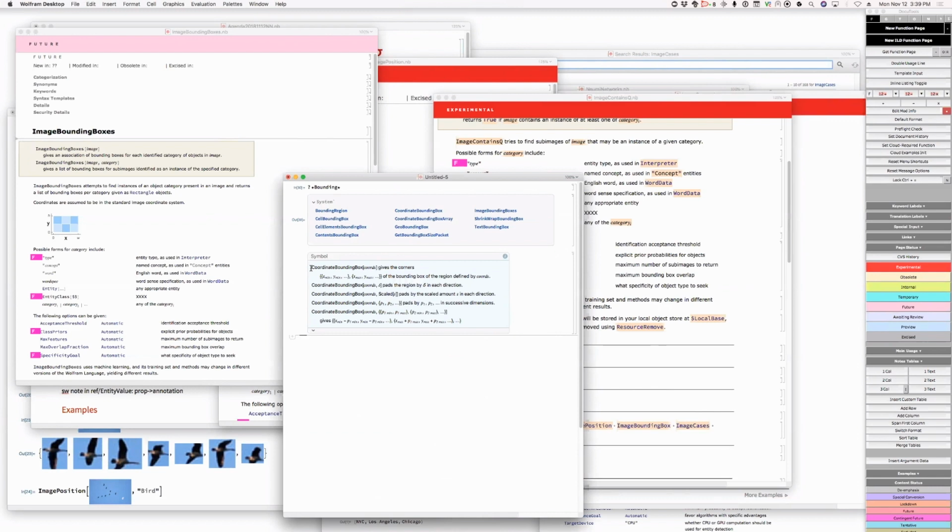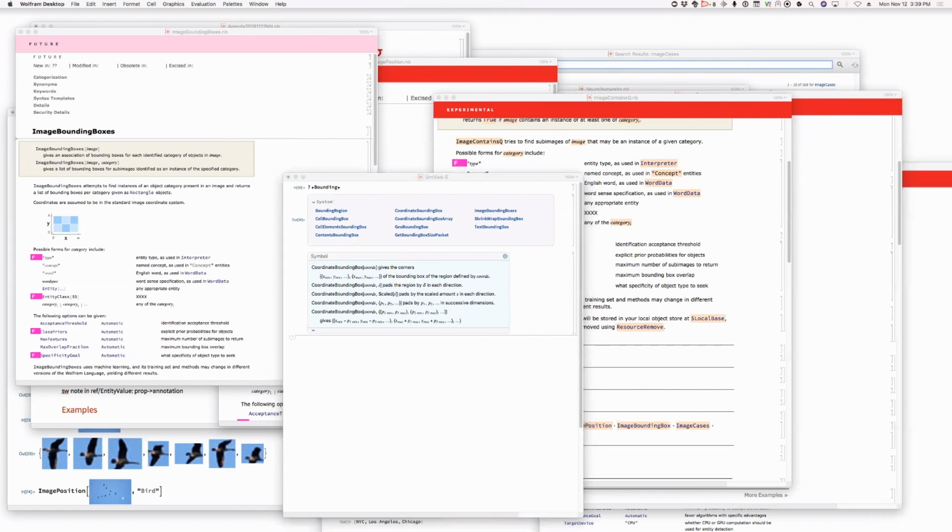No, I mean that a bucket of image bounding boxes fed to coordinate bounding boxes should give me essentially the convex hull-like exterior bounding box of all of those things. Coordinate bounding box does not take rectangles in. Yeah, exactly. We are returning a list of rectangle objects. I'm guessing if you do bounding region of those rectangles, I don't think it works now, but that's what should work.